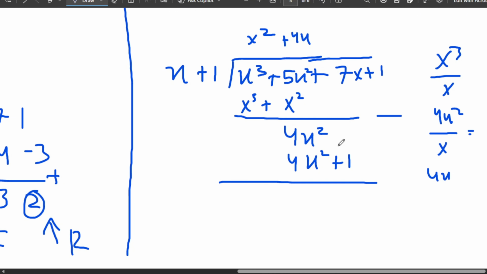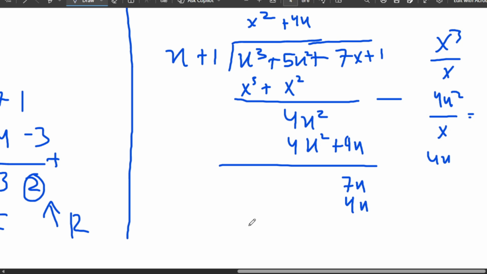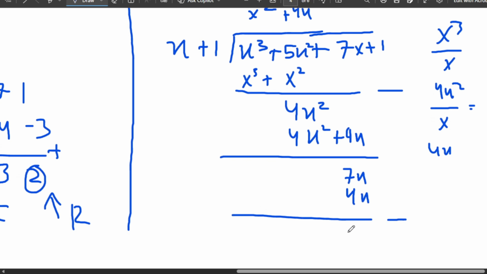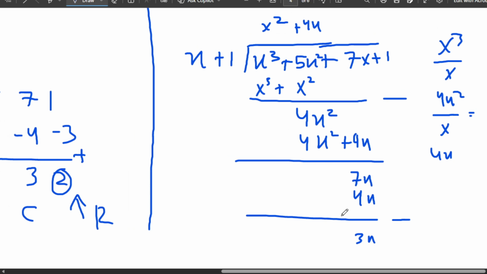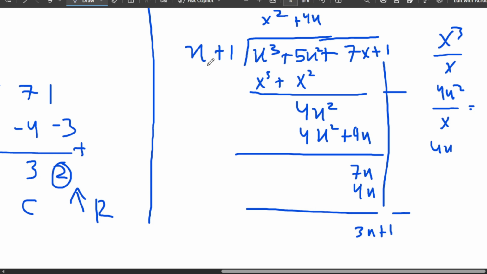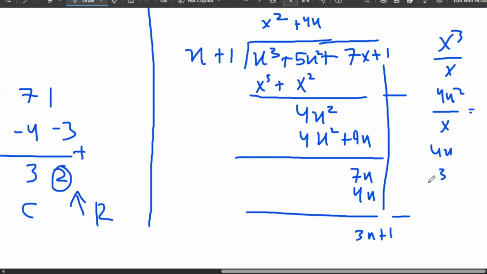We subtract, and we have 7x and 4x, we subtract them, we have 3x. Okay, now 1 goes down here, 3x plus 1. 3x divided by x is 3.